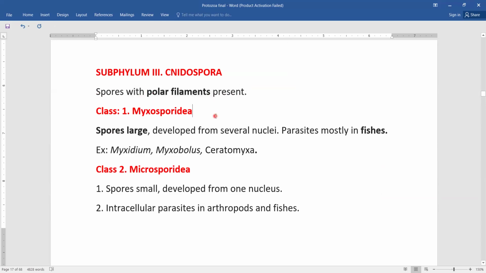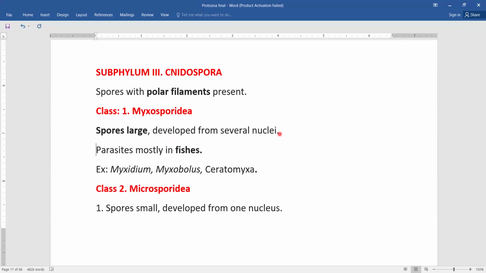It is divided into Myxosporidia and Microsporidia. The difference between Myxo and Micro: in Myxosporidia the spores are large, developed from several nuclei; in Microsporidia the spores are small, developed from one nucleus. These are mostly parasites in fishes.